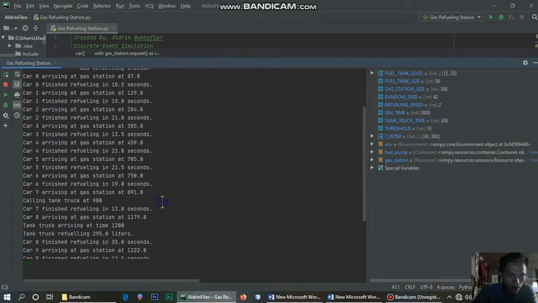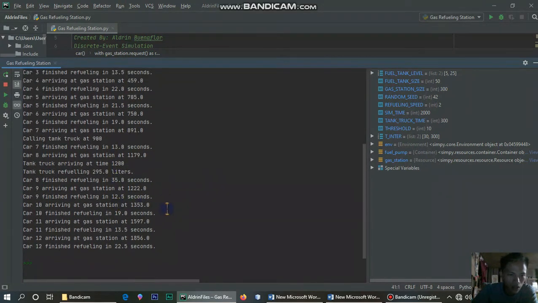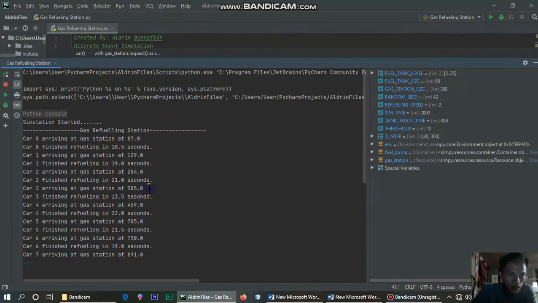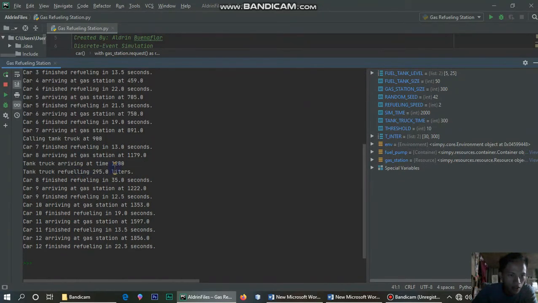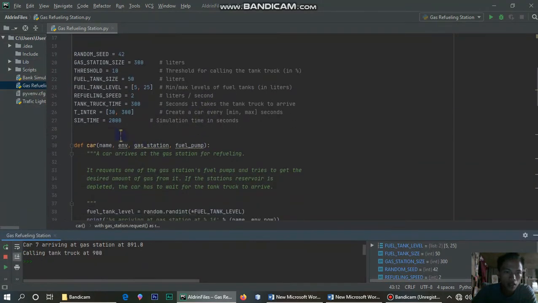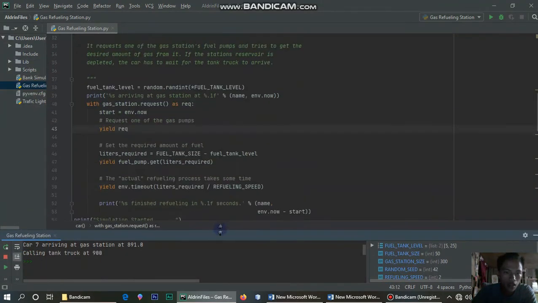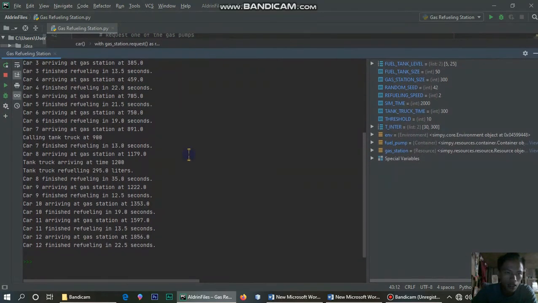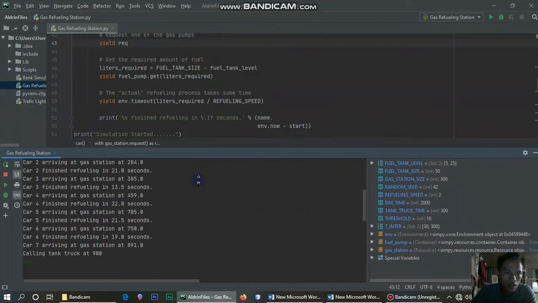Then we choose to rely on the gas station. So we jump to the tank truck arriving at 1,200 seconds. Then the tank truck refuels 295 liters because the tank truck has a capacity of 300 liters.